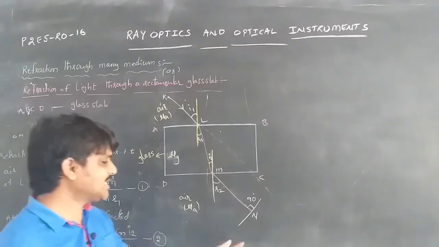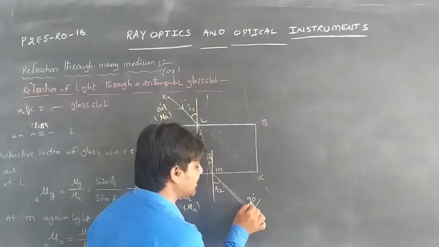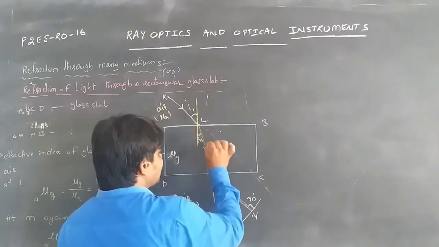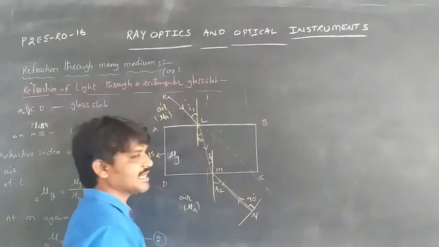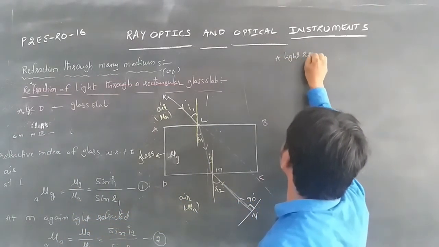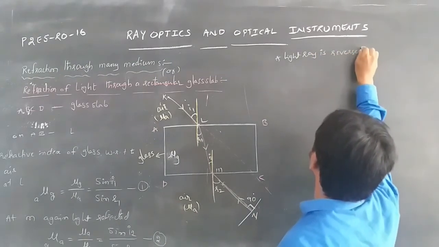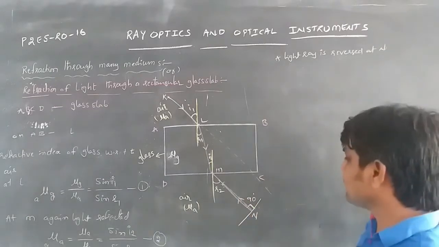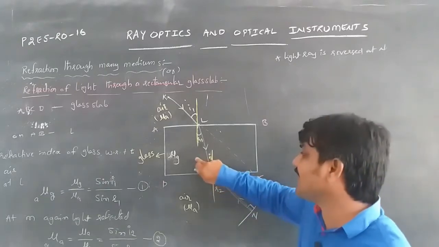When an obstacle is placed at N, perpendicular, maintaining 90 degrees, the light ray is reversed at N. Whenever it is reversed, the light ray moves from the rarer medium, air, again into the glass.